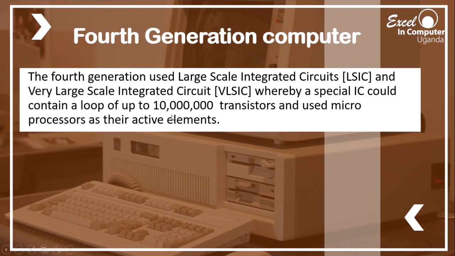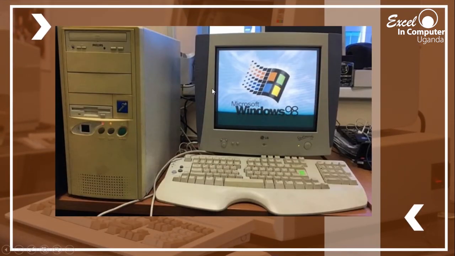So they used microprocessors in their processing of data. This is how it looked like. This is the fourth generation computer. I think most of us saw these fourth generation computers. We never had a chance to meet the first, second, and third generation computers. All of us have been seeing the fourth generation computers.